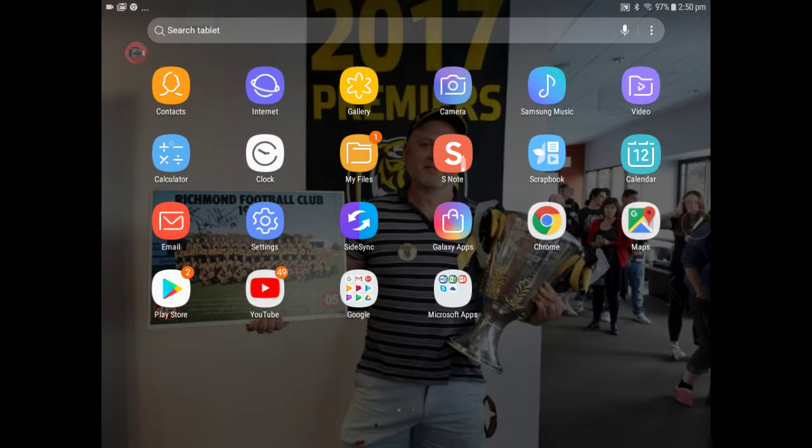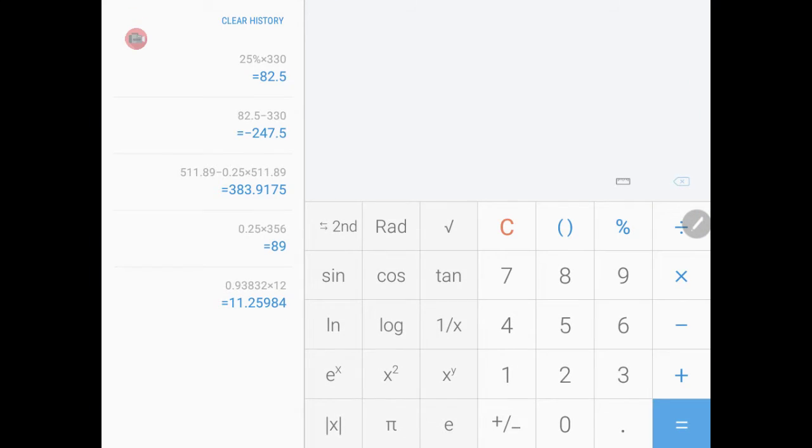Where is my calculator? There he is. And 1 divided by 7 is 0.1428 and so forth. So we'll say 0.14 will do.